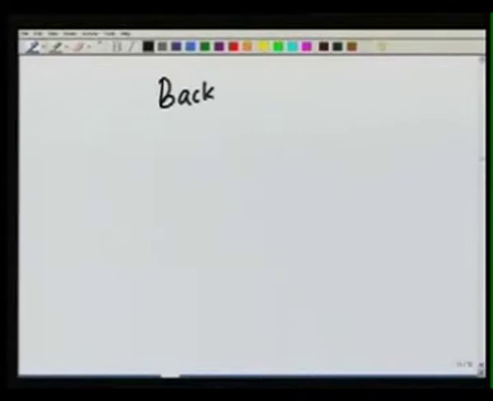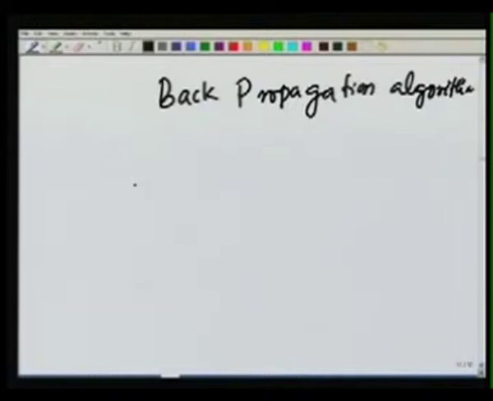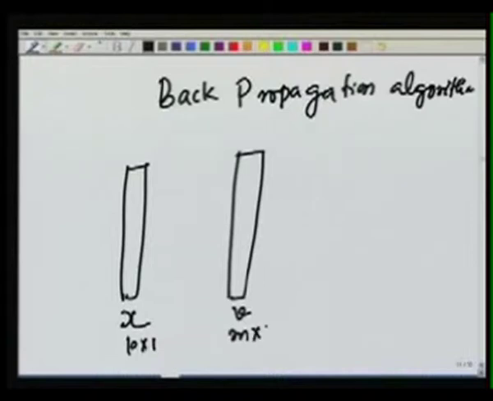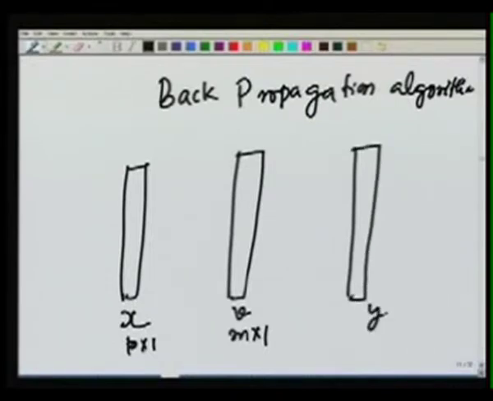So, now I will summarize what we saw in the back propagation algorithm. We have a typical input layer, the vector x, which is p by 1, and then a single hidden layer, the output is v, which is m by 1, and then the output layer, whose output is y, and this is n by 1.